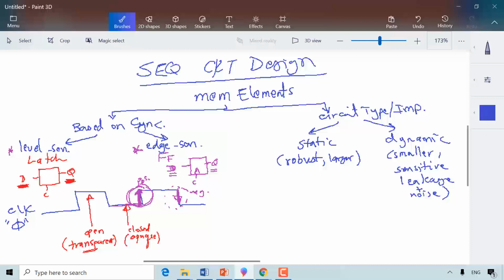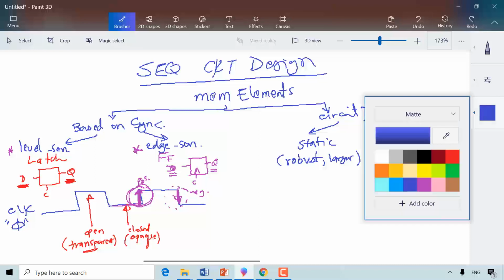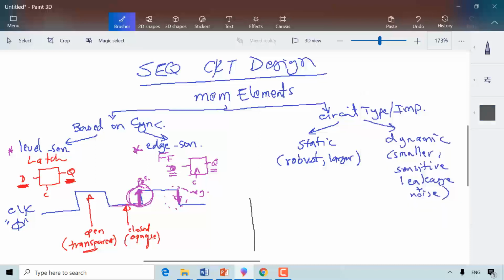From this discussion, we can really look at different flavors. If we look at the classification, we classified circuits based on their type and based on the way we synchronize them.